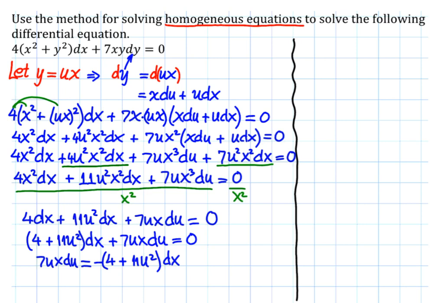So we should have 7u over 4 plus 11u squared du. I forgot a u on the top.